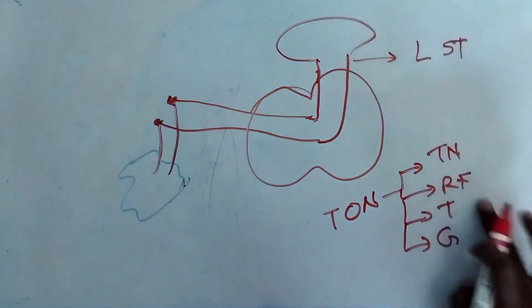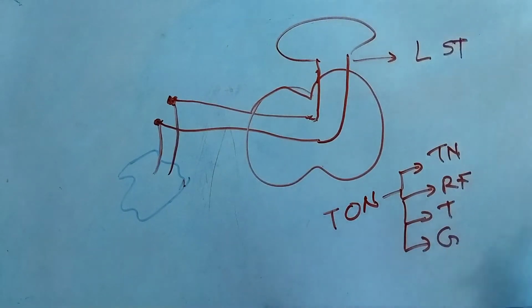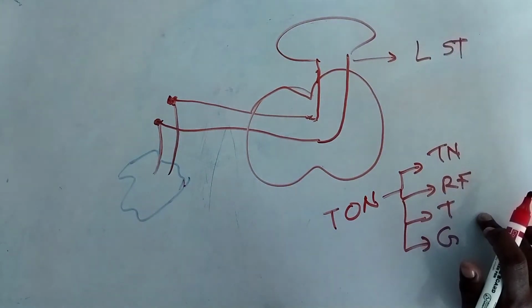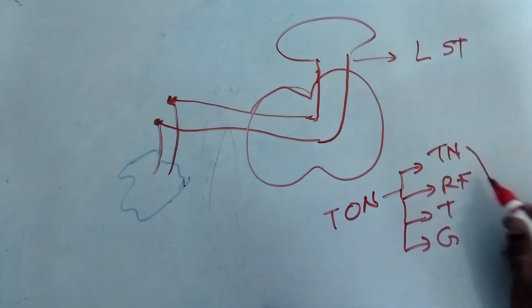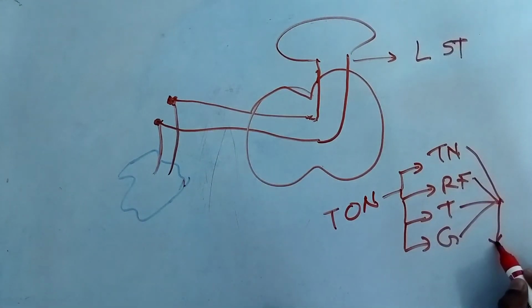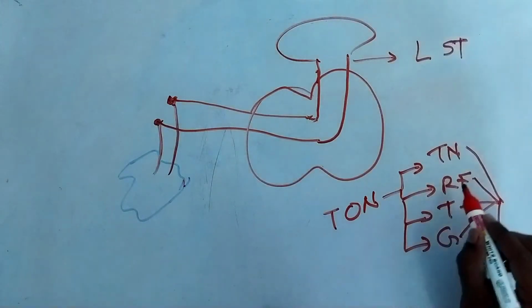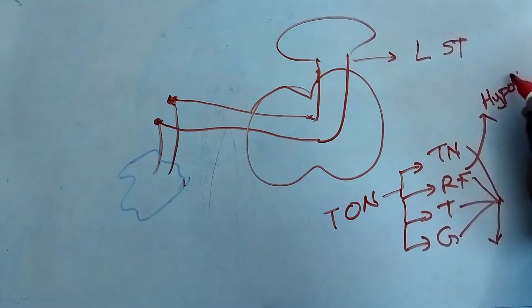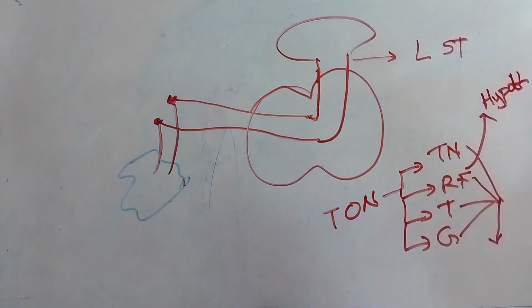These four neurons together form the third order neuron, and axons from these four neurons reach the sensory area of the cerebral cortex, which is the sensory area of our body. Some fibers from the reticular formation reach the hypothalamus, because the hypothalamus plays an important role in regulation of heat.